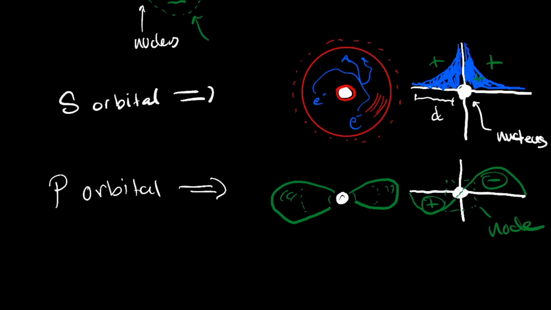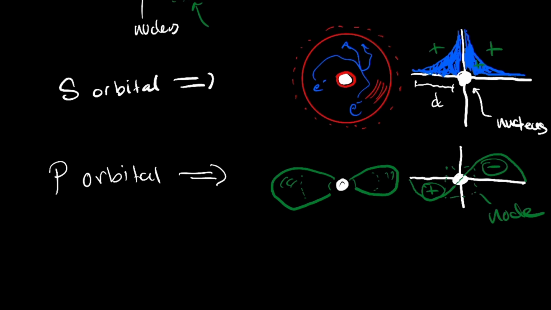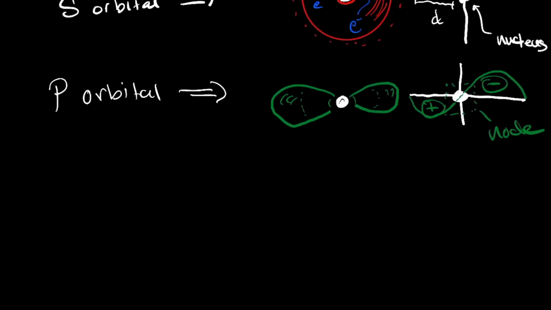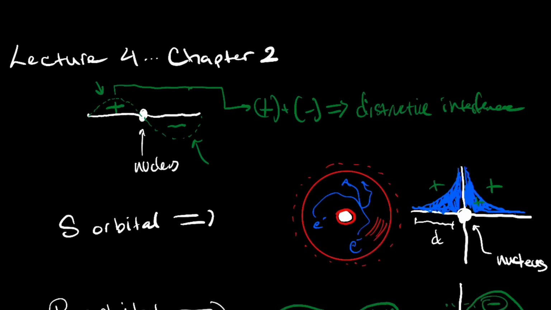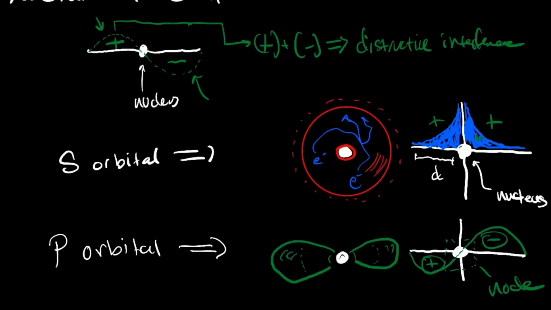So that makes it fairly easy to wrap your head around how these things actually form bonds, right? Because as I was saying up here, a positive plus a negative causes destructive interference, and of course a negative plus a negative, or a positive plus a positive, creates constructive interference, right?